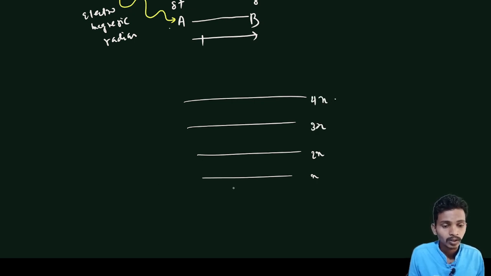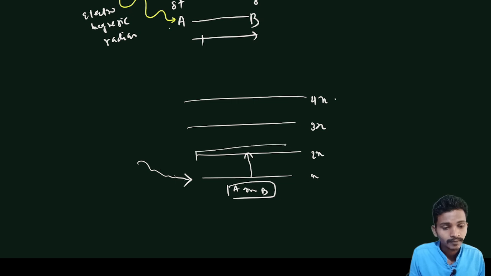Suppose this molecule is vibrating here and we are giving electromagnetic radiation to it. The molecule gains this energy from the radiation, the frequency, only if after gaining the energy it is able to shift to the next higher energy level. These energy levels are already fixed.